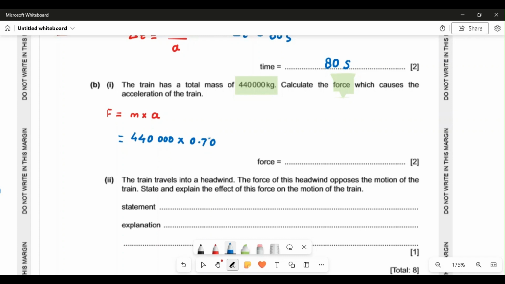So 440,000 times 0.70 gives me 308,000. So this is 308,000 Newton.